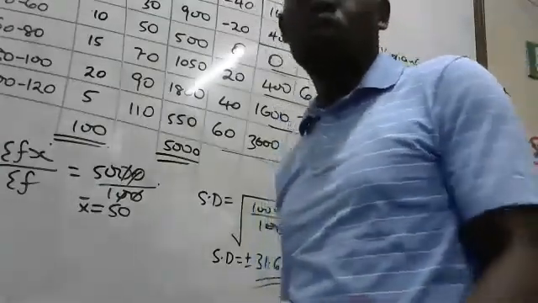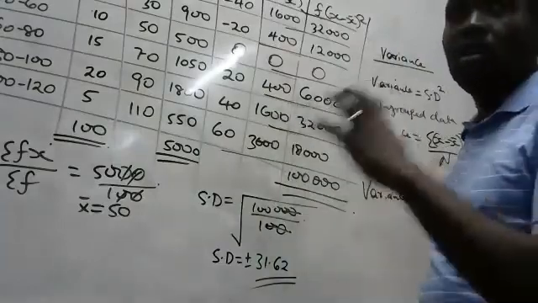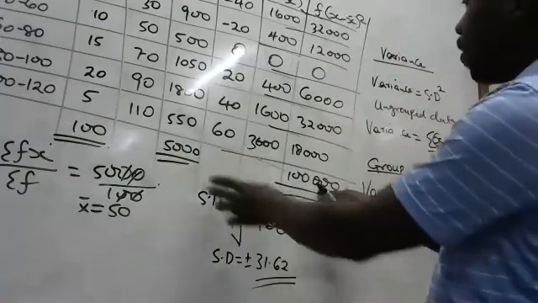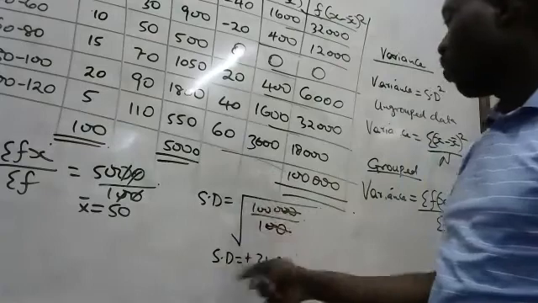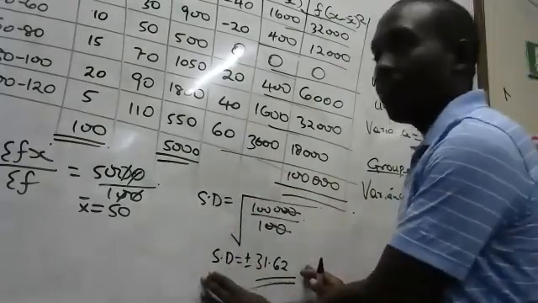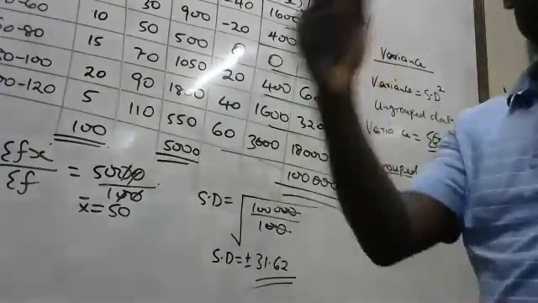So that one I will not show you if you have understood how to get the standard deviation. It is the same procedure. Just come up with the table like this, you get the answer, but when you now take it to the formula, don't put this square root. Or if you put the square root, you get the standard deviation, and you square the answer to get the variance.